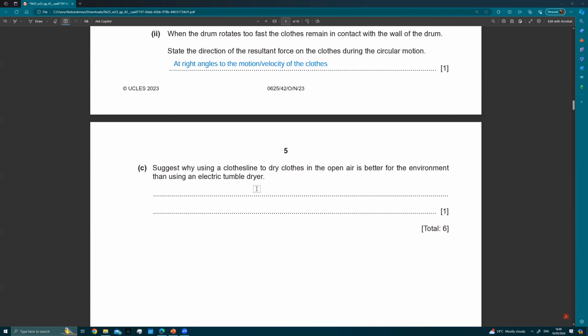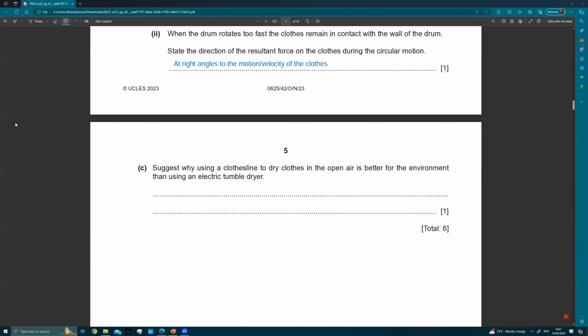Okay, suggest why using a clothesline to dry clothes in the open air is better for the environment than using an electric tumble dryer. Well, the electric tumble dryer uses electricity, which burns fossil fuels, which produces greenhouse gases, not good for the environment. Whereas using open air you're using wind energy, and wind energy is renewable.